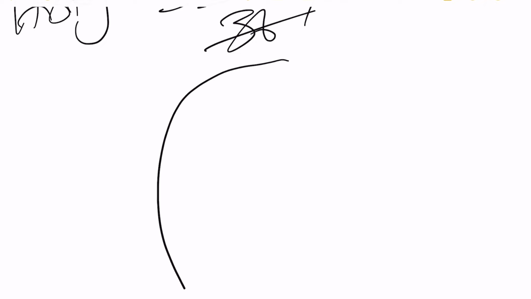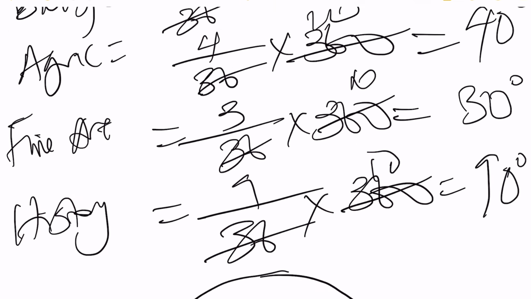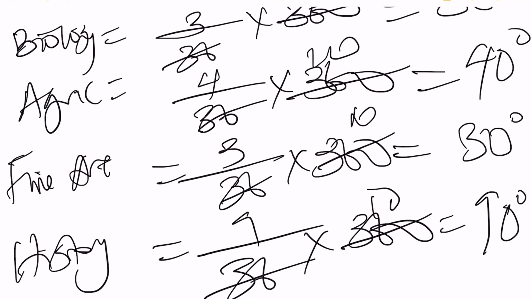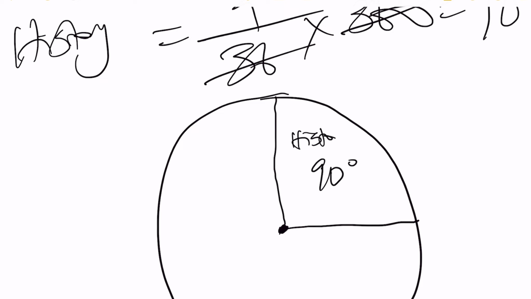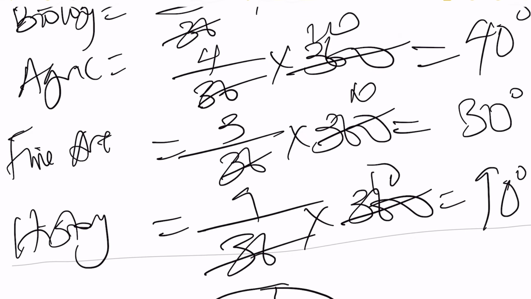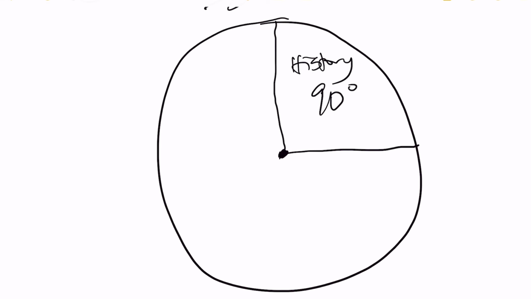We draw a circle. Then we have a midpoint in our circle. We can first draw our 90. This is 90 degrees for history. Then we have our 100.